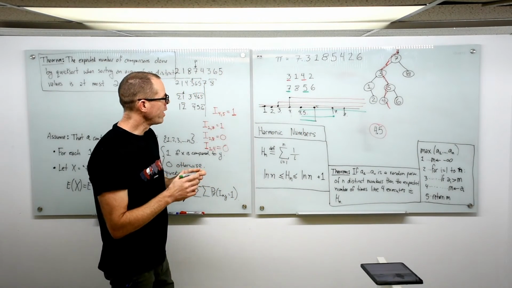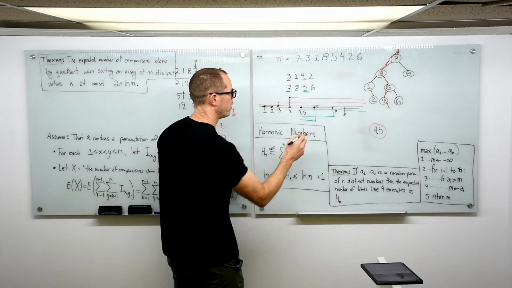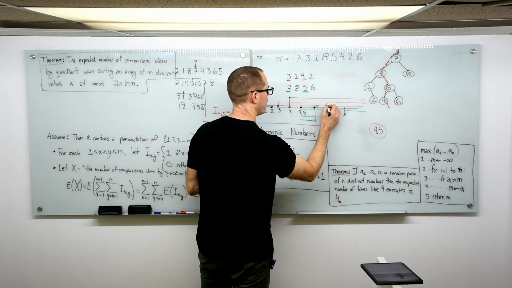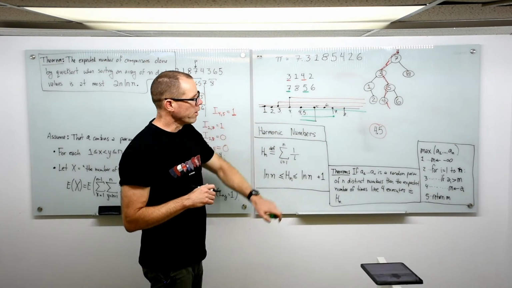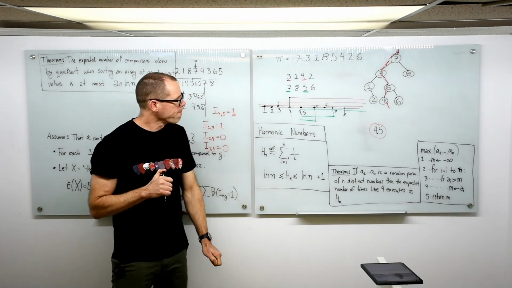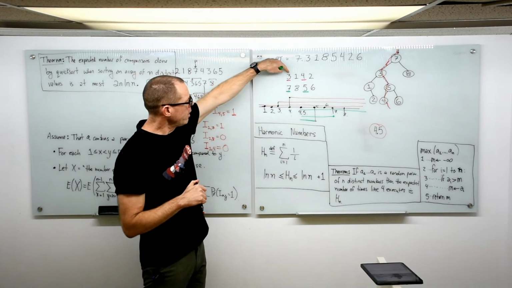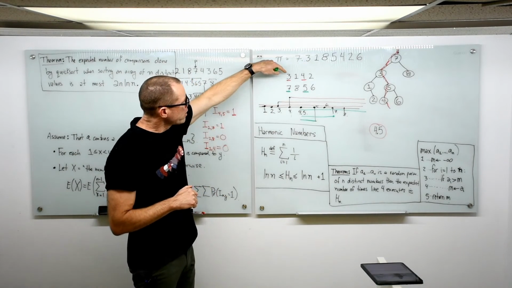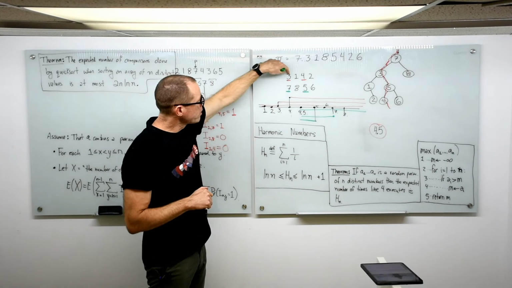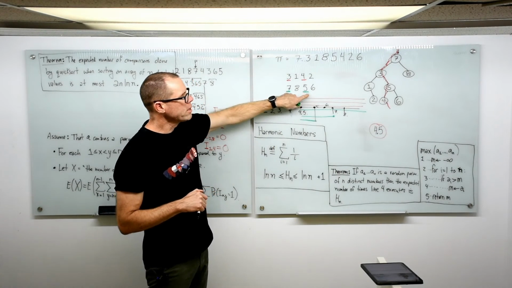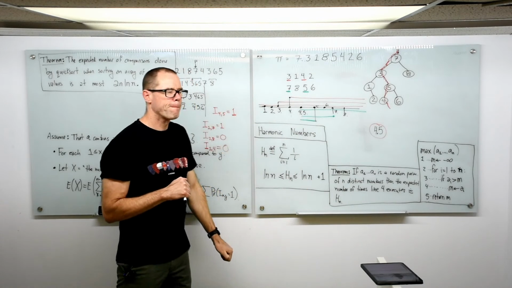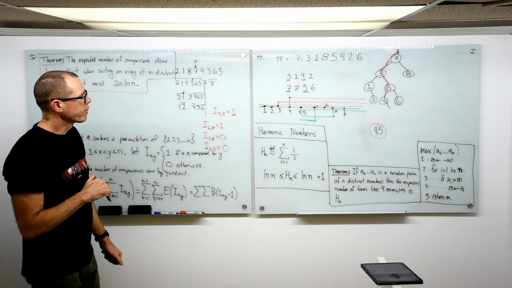And then finally 6 comes along, which doesn't tell us anything because it's bigger than 5. So in this array, the stuff that gets compared to 4.5 in this subpermutation is 3 and 4, and in this one it's 7 and 5.